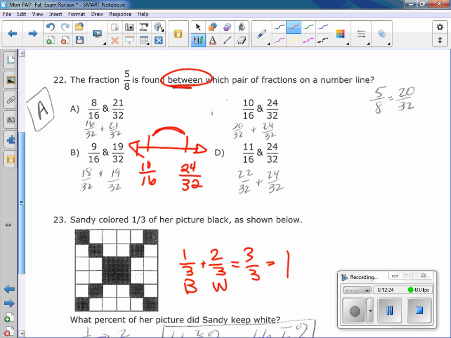So all I did was I found common denominators because I realized that an 8 and a 16 could all be turned into a 32. So I turned this into a 32, which gives me times 4 times 4. So 20 over 32. And this was also 20 over 32. So this would be exactly on that, not in between. Does that make sense? So that's why A works.